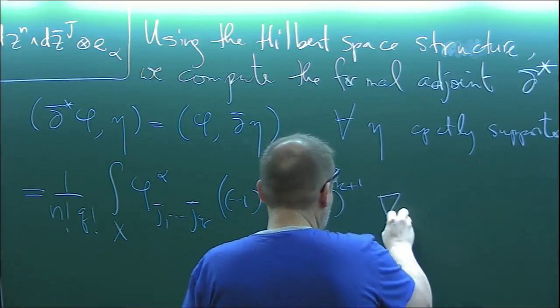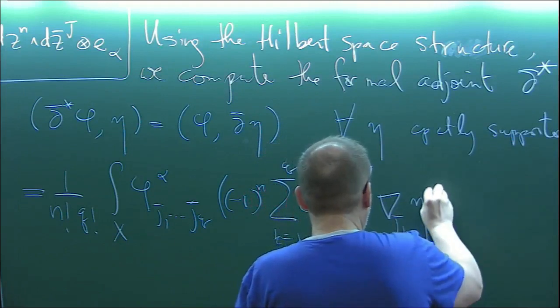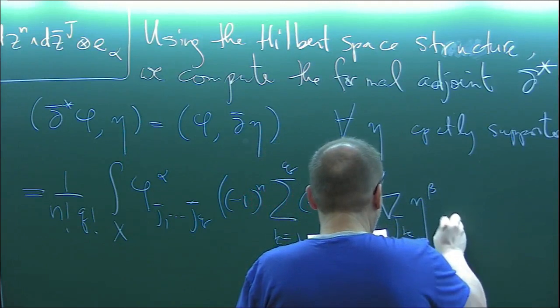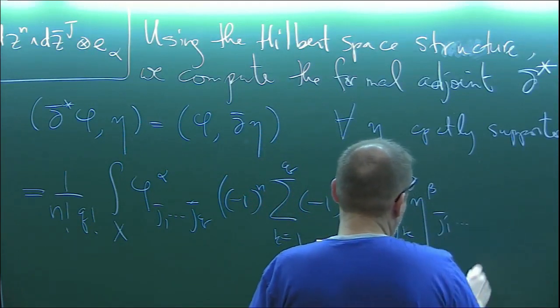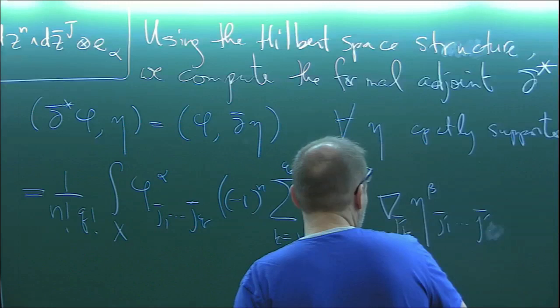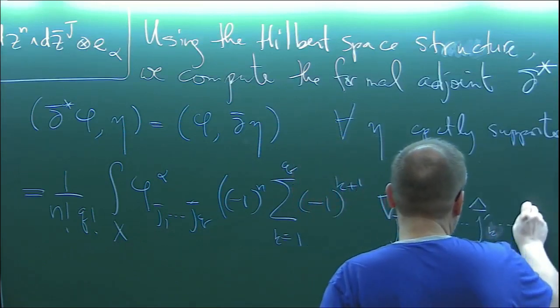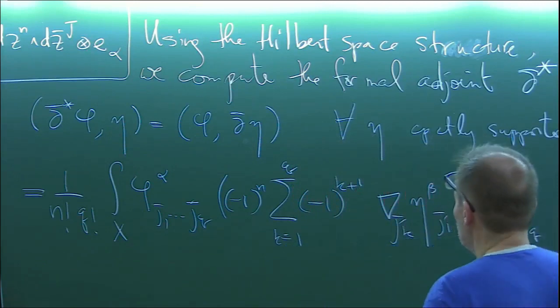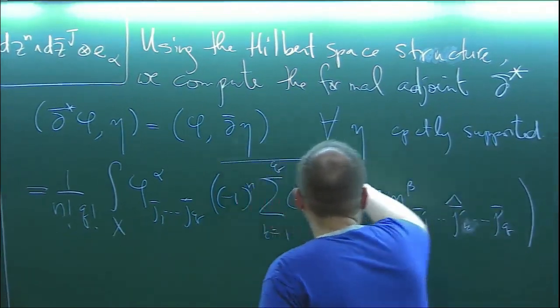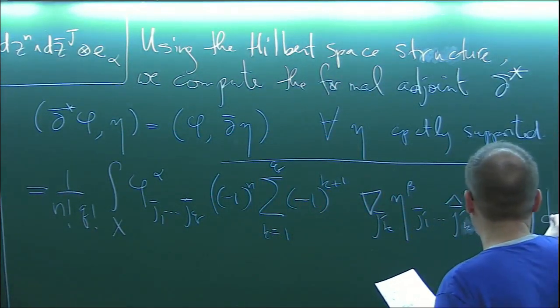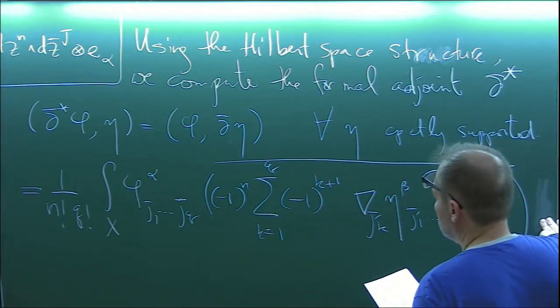Then you have nabla j bar sub k eta beta j prime 1 bar, j prime, this should be prime, j prime k omitted, j prime bar q. And you have the complex conjugate of this, and then you have the rest of the stuff.